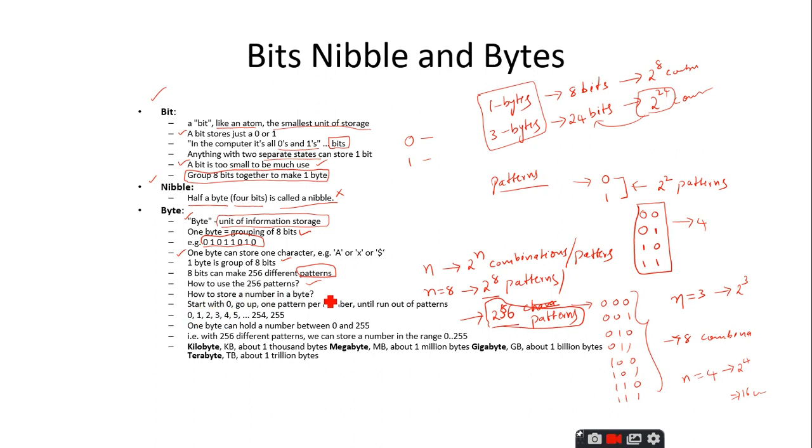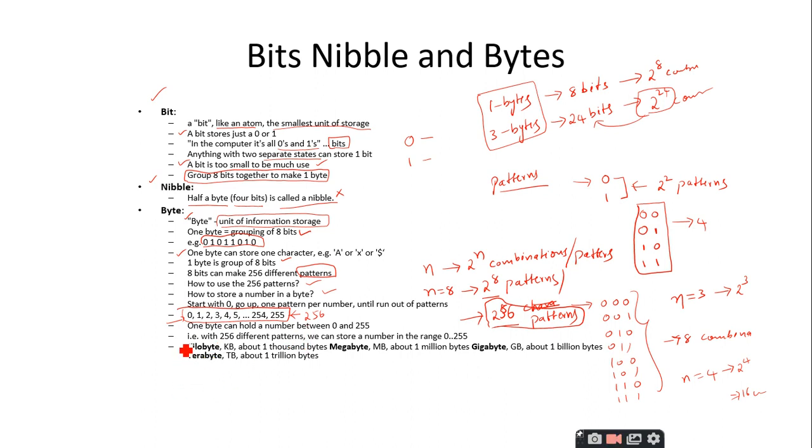So how are you going to store a number in a byte? You convert the number into a binary number and then you represent it with a character. That's it, simple. So the combinations you will get are 0 to 255. With 8 bits I have 256 combinations, but since I am starting with 0, I will have only 255 at the end.